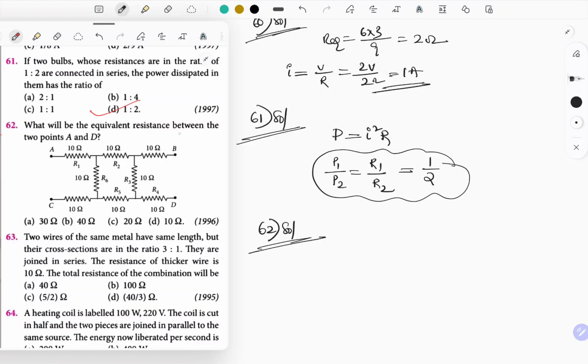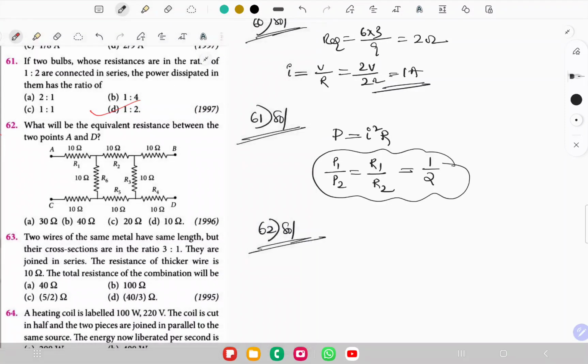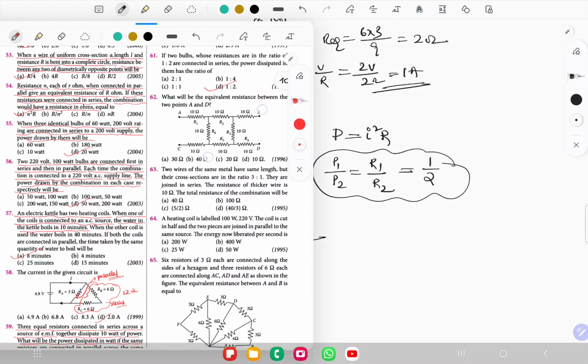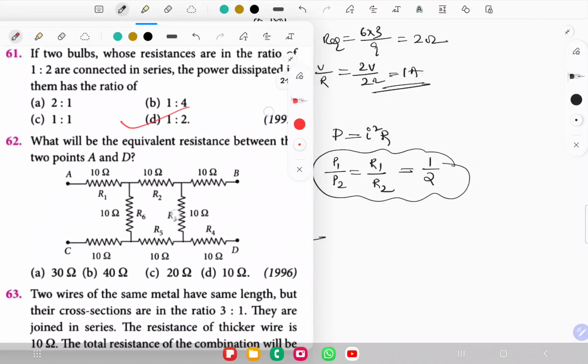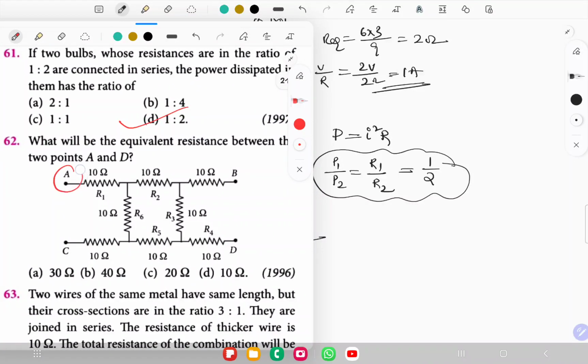What will be the equivalent resistance between the points A and D? Okay, so let's answer here itself. They're asking resistance between A and D. So whenever I am considering A and D, B is going to be an open circuit. That means current flowing through it is 0, and current flowing through it is also 0.